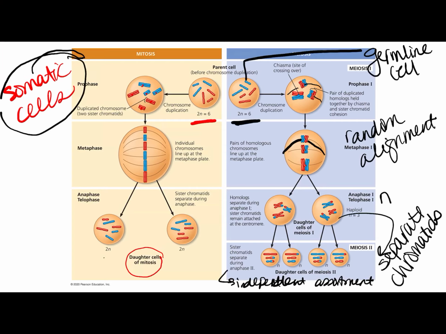Because if she was shown to have the versions of those genes that are implicated in breast cancer, then I would need to be tested to determine if I had those alleles. It turns out that she didn't have either one of those.